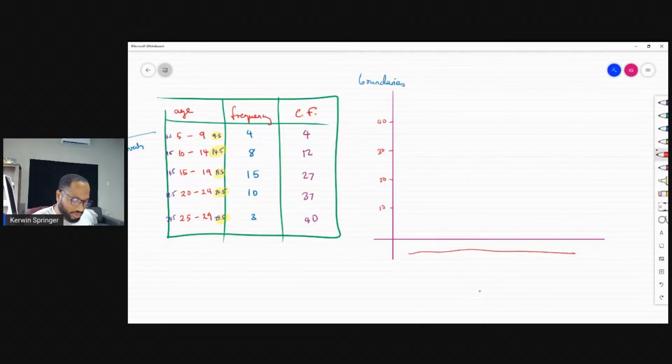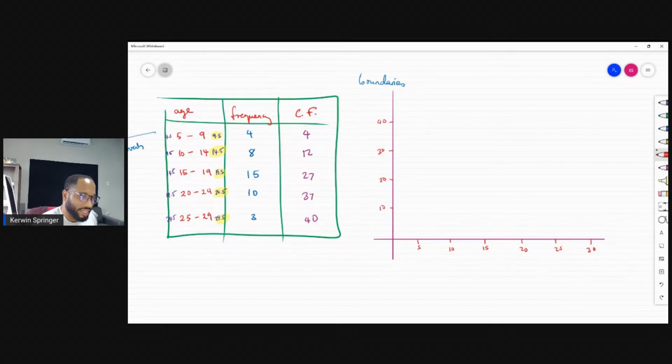On this axis, age, going up to like 30: 5, 10, 15, 20, 25, 30. Keep in mind when you're plotting these, not the lower limit, you're using the upper limit.